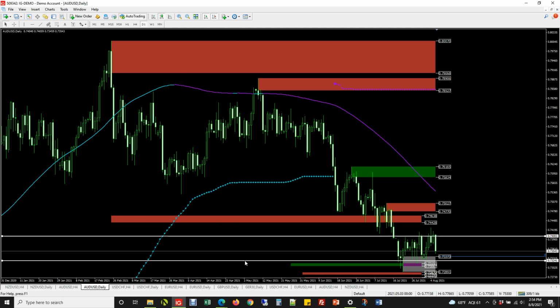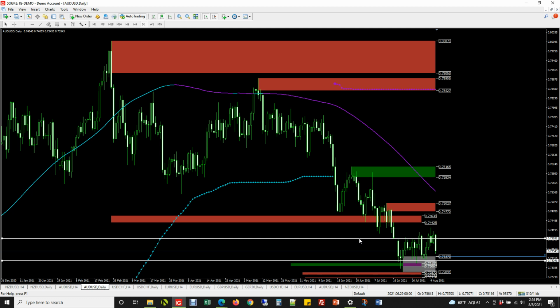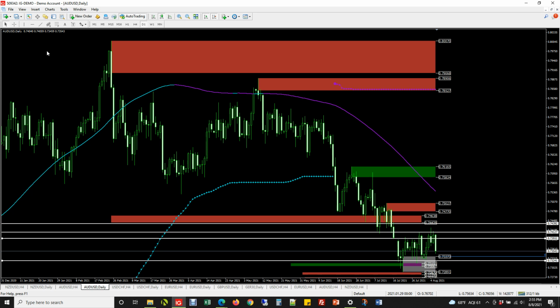Make sure you're within that 100 pip range. Put in a few take profit levels based on previous support and resistance.